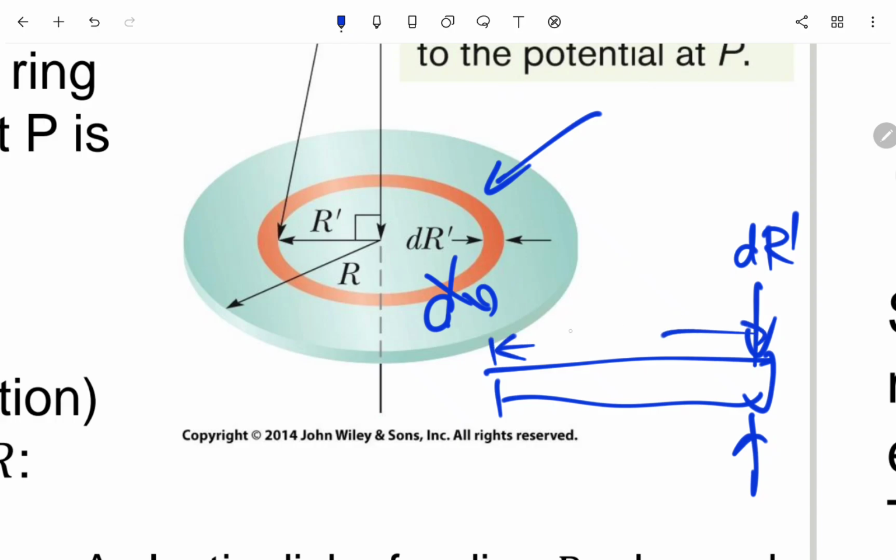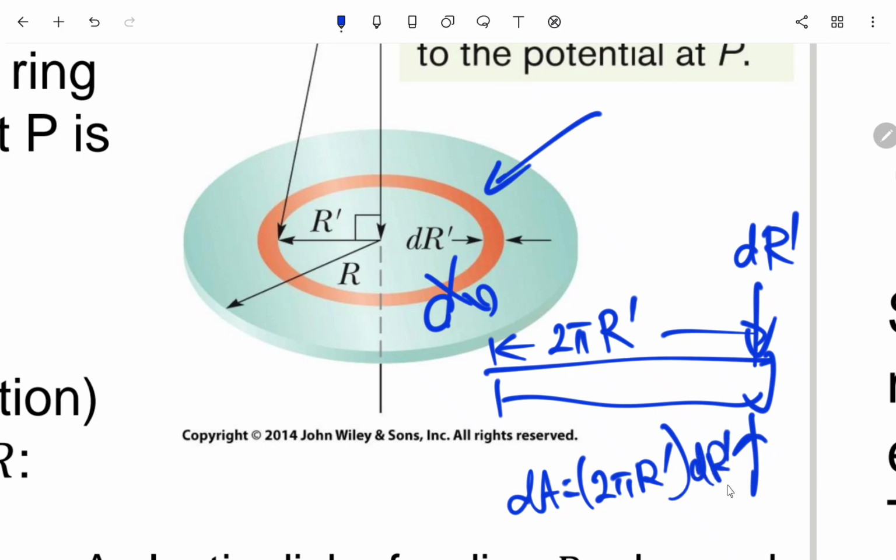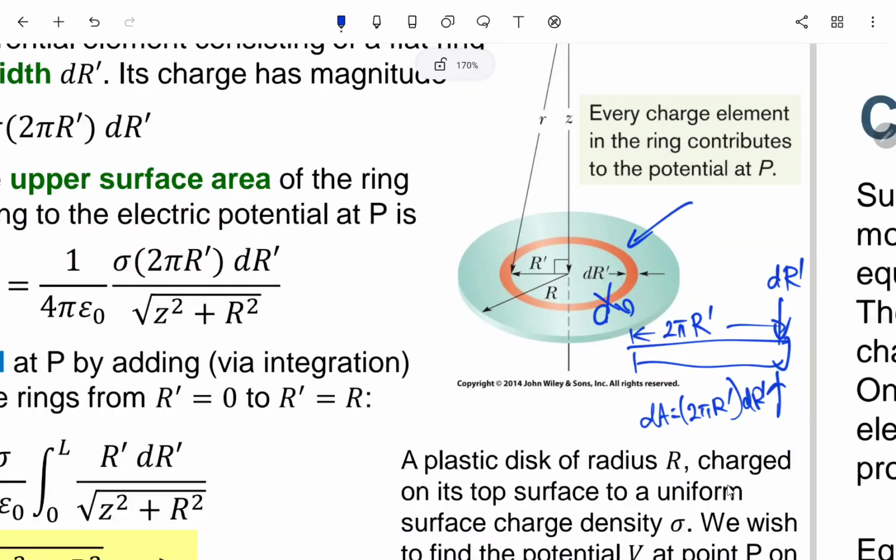So it turns out to be 2 pi r prime, 2 pi times the radius being the circumference. So the area will be the width times the height, which is 2 pi r prime times dr prime. This is the area of this ring.